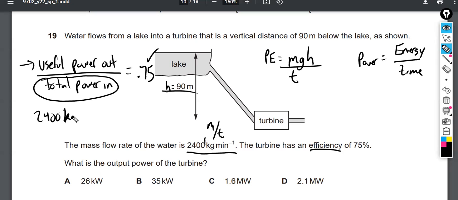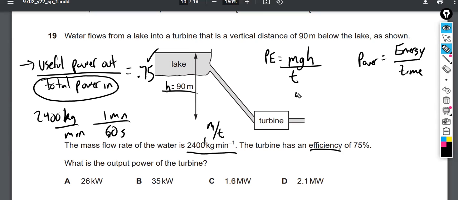2,400 kilograms per minute. I just looked it up in a textbook, there's 60 seconds per minute. That's information you can readily find, or maybe you've memorized it by now.